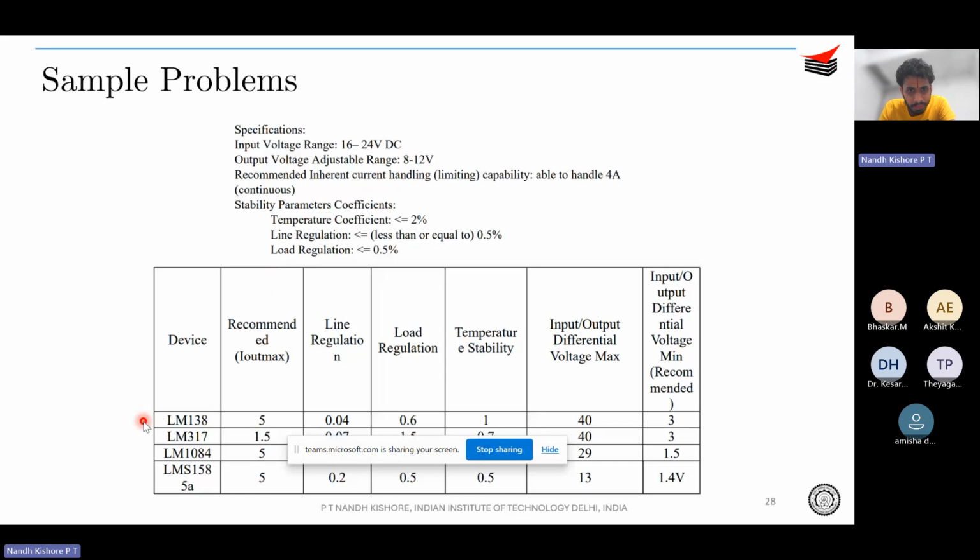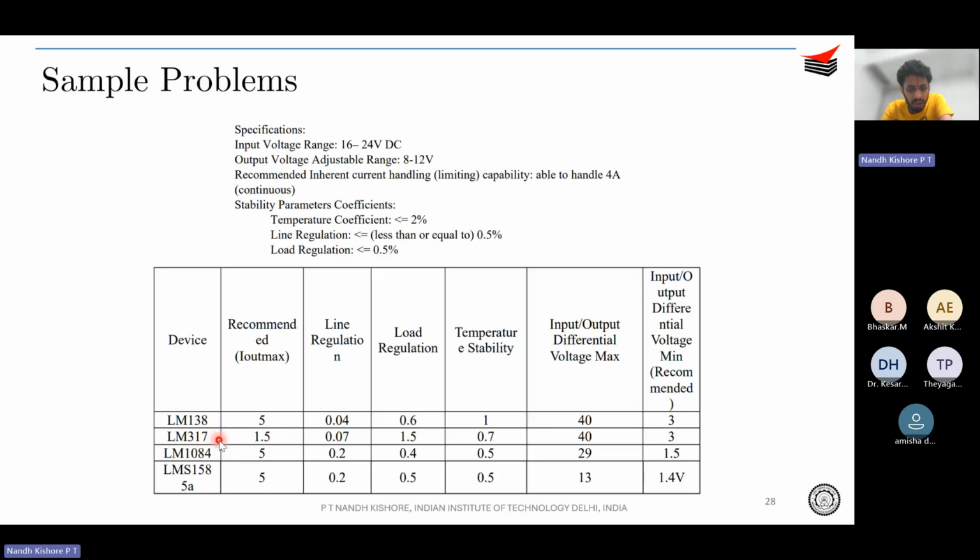Fine. So from the given parameters, you understand that the max recommended current handling capability should be 4 amps continuous, right? That means that LM317 cannot be used, because LM317 has a current rating of only 1.5 amperes, and you need 4 amps. So LM317 is not the answer.